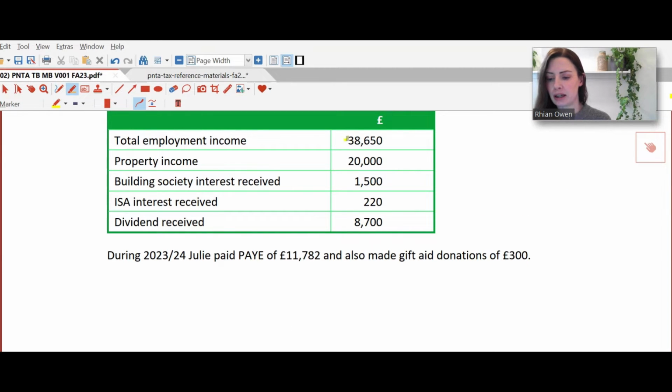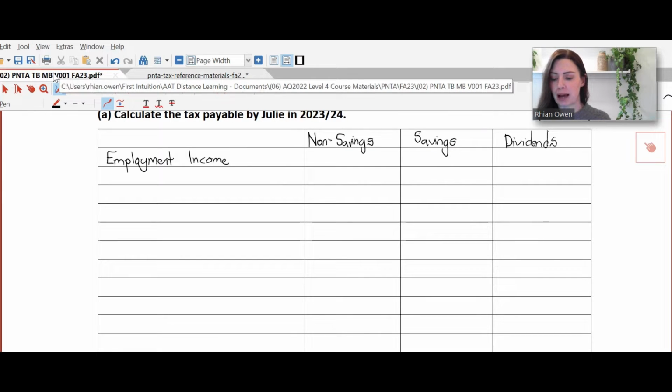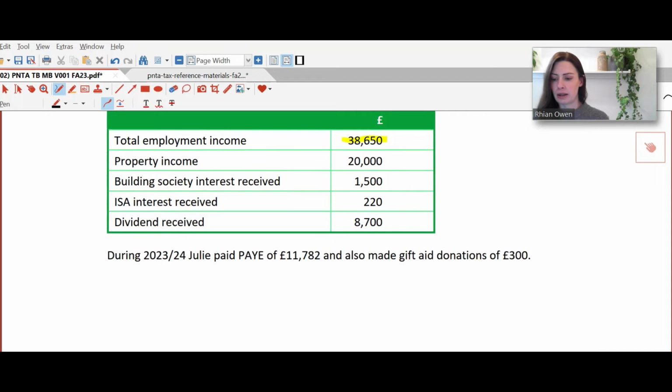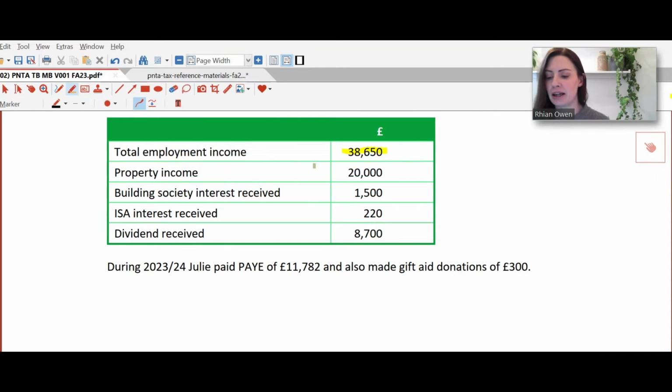Total employment income, £38,650. Then we've got property income of £20,000.